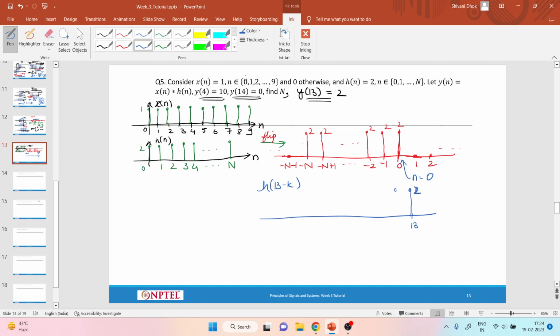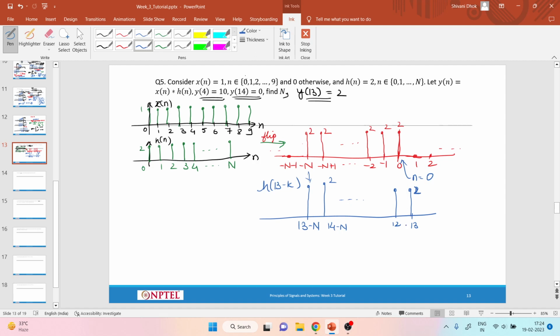This will be at 12, and so on, and this one will be at 13 minus n, and so on. 13 minus n plus 1, 14 minus n, and so on.